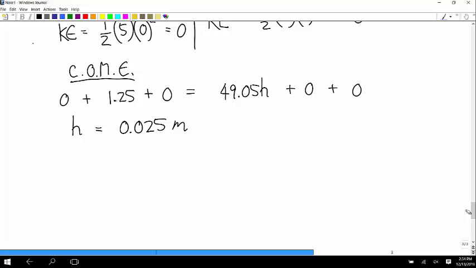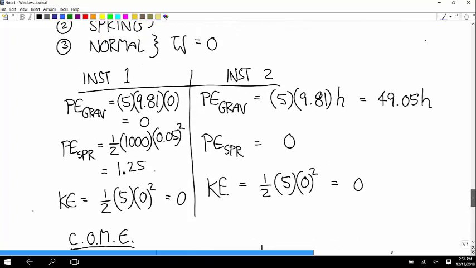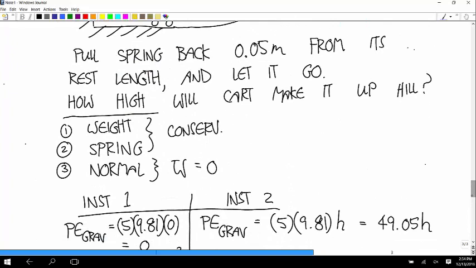That's right. You know H and you look for X. So if the question said this cart starts 2.5 centimeters up the hill, how far will the spring compress?